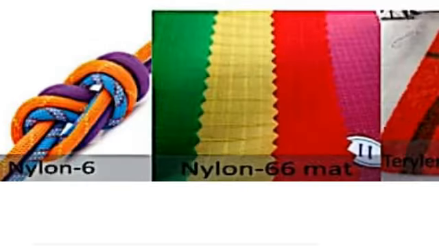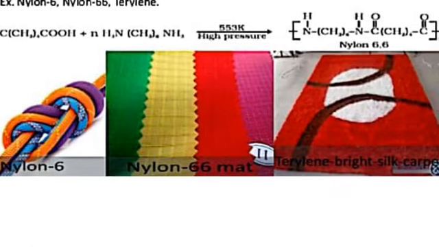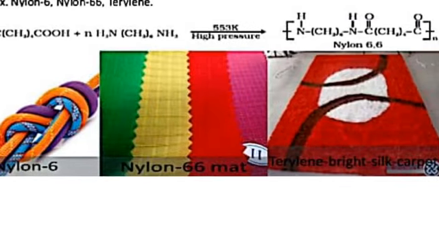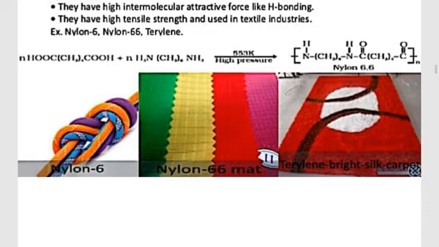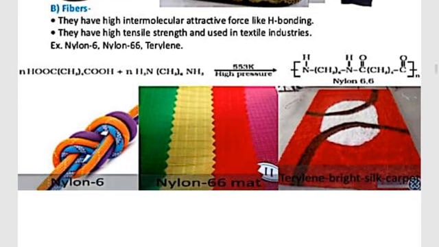You can see ropes made highly tensile, nylon mat, then you have terylene, bright carpets. So these are examples of fibers. They have strong hydrogen bonds. You can't have the elasticity property in fiber. They are already stretched to the maximum. You don't need to give more stretching.